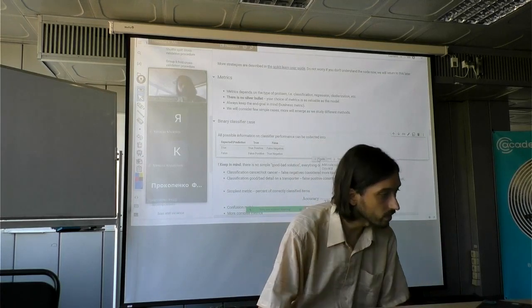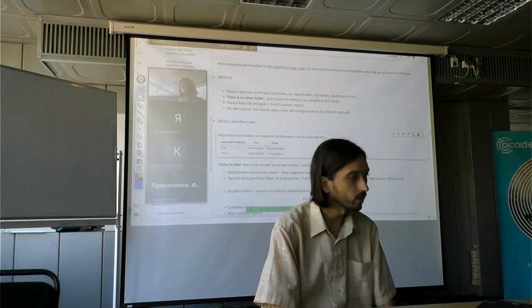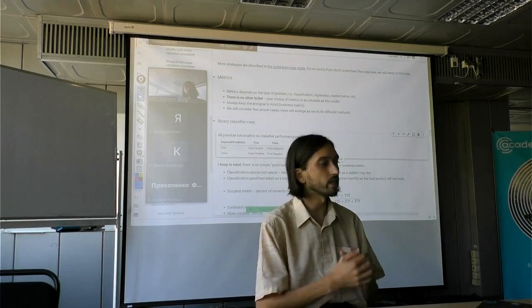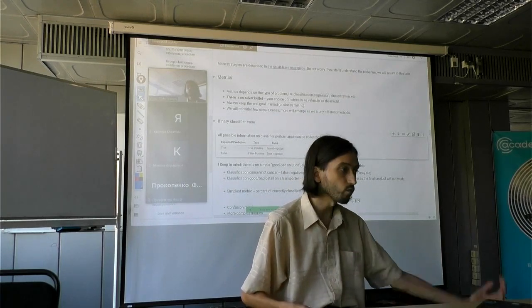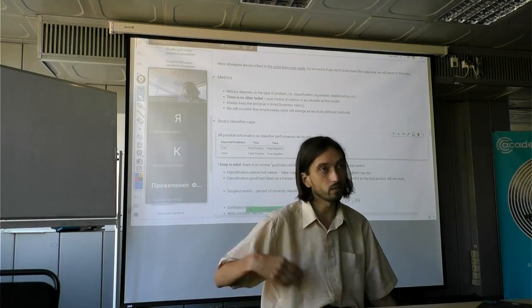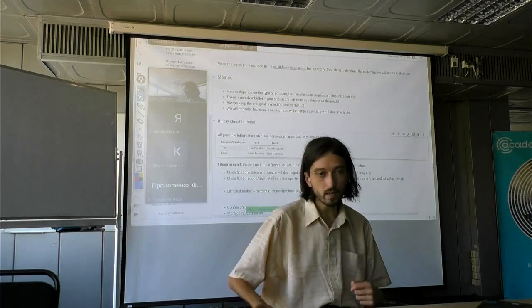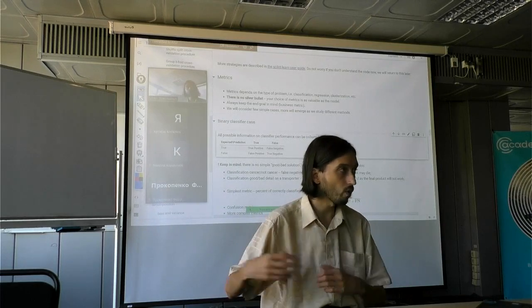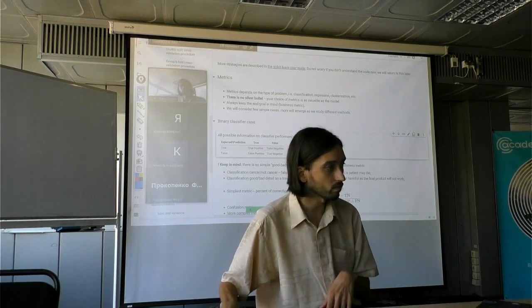Probably the bad detail detected as good will cost more. Yes, absolutely correct. Detecting a bad detail as good is now much more harmful than detecting a good detail as bad. Why? Because in the case of detecting a good detail as bad, we just throw away a good detail. Okay, that's not good, but okay.